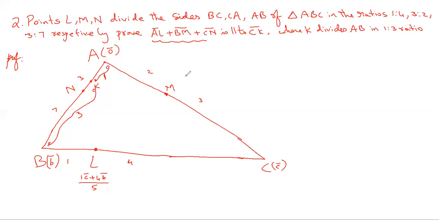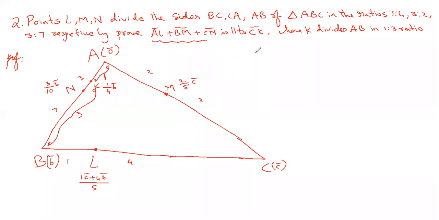That's L bar. This M is 2/5 of C bar, this N is 3/10 of B bar, and this K is 1/4 of B bar. So you got all four vectors.